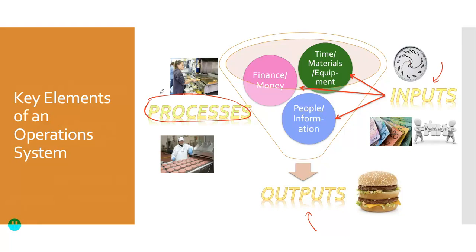They transform these inputs into outputs using some type of process to ultimately create the good or service that they are selling, they are marketing. We need to understand these three. Hopefully we already understand that this is a complicated process, but ultimately really, really important for a business and achieving their objectives.